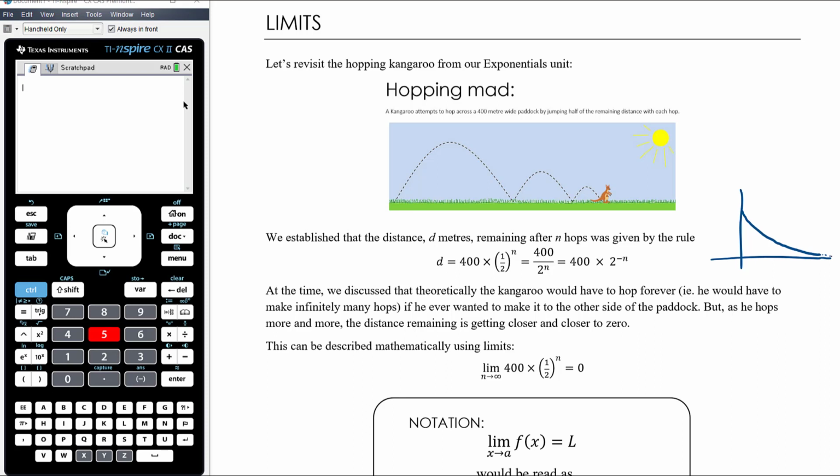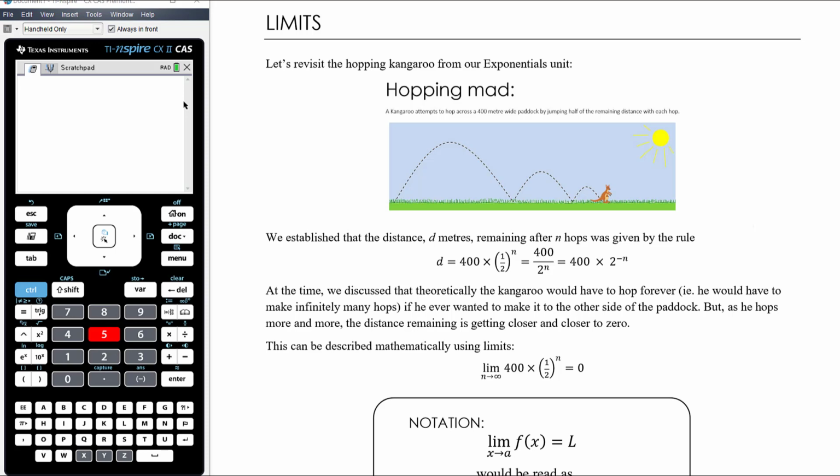While practically that's not true, if the kangaroo didn't have any size and was an infinitesimally small point, then that point would never reach the other side of the paddock. At the time we talked about the fact that he would have to make infinitely many hops, and he would still never technically make it to the other side. But the point is that as he hops more and more, the remaining distance is getting closer and closer to zero.